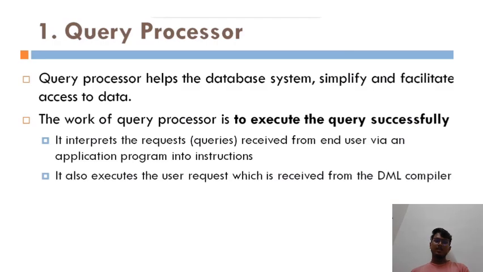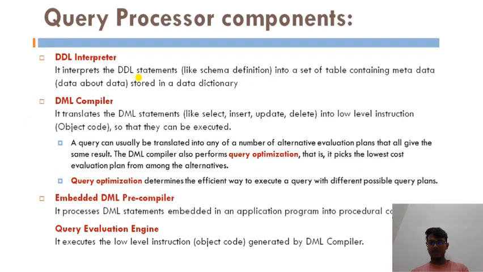It interprets the request query received from the end user via an application program into instructions. It also executes the user request which is received from the DML compiler. DDL interpreter: it interprets DDL statements like schema definition into a set of tables containing metadata, data about data, stored in the data dictionary.